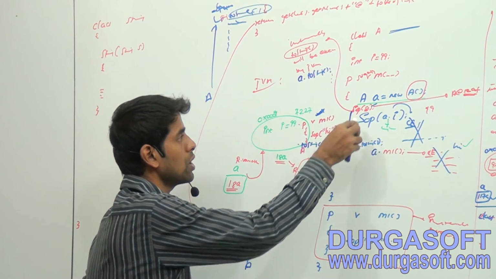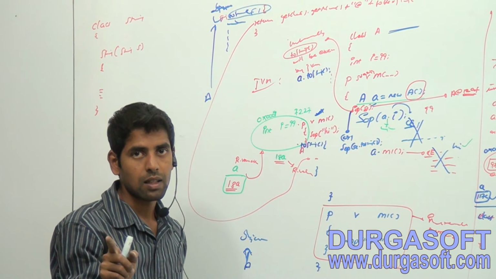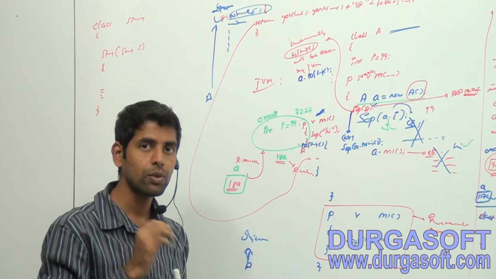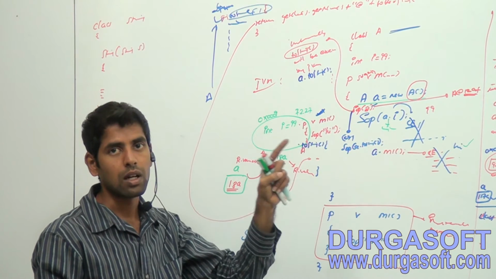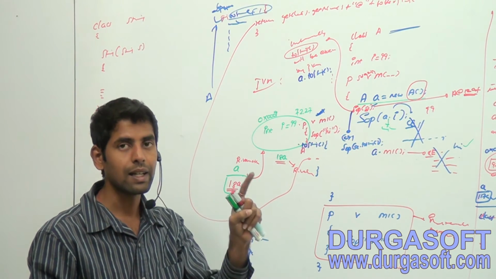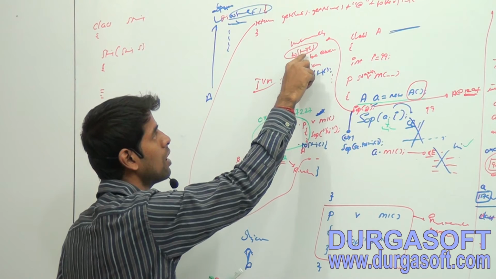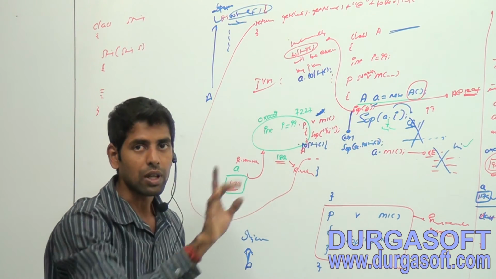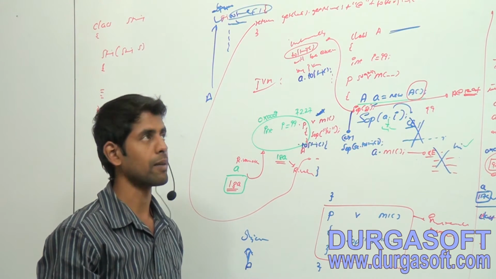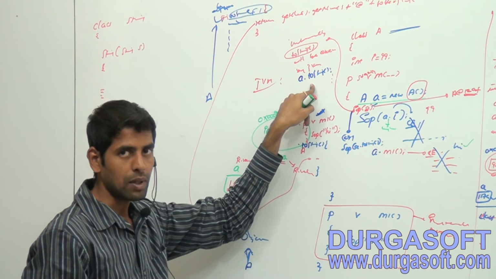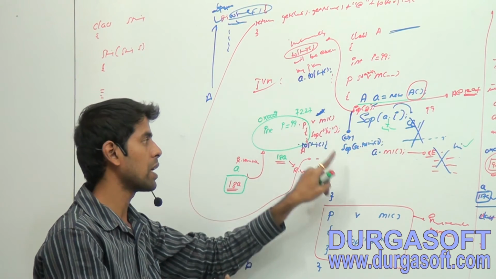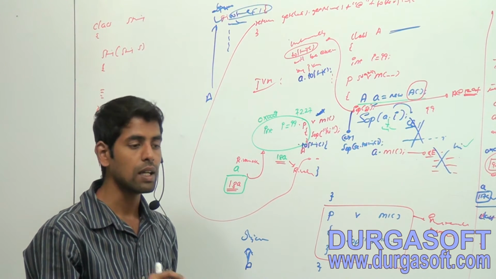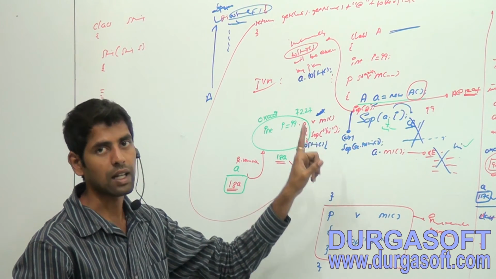If you pass any reference variable as an argument to the System.out.println method, internally the JVM calls the toString method. Either this will happen, or else you can write this statement also. No restrictions, no issues. That is what we are understanding.